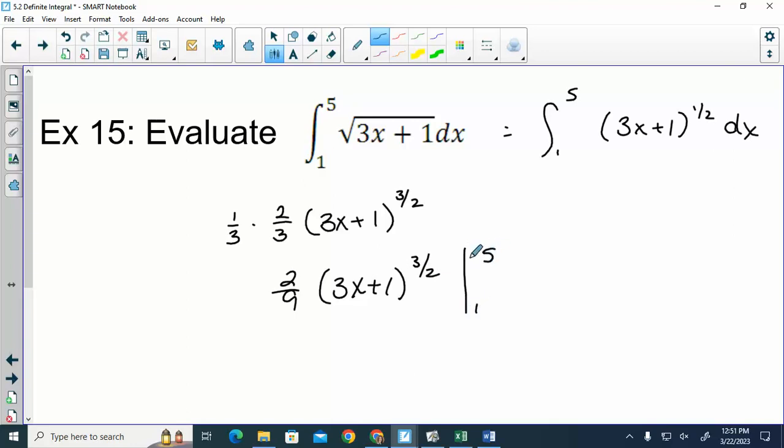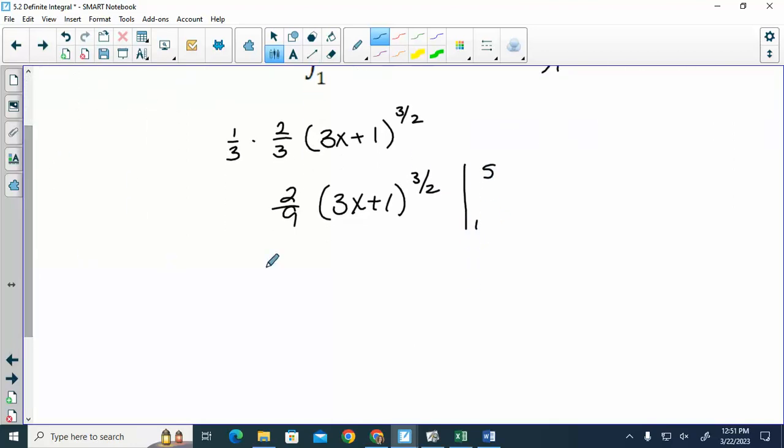From 1 to 5. Make sure you're plugging in the top number first. If you plug in the bottom first, you'll get a negative, or the opposite sign of what you're supposed to get. So if I put in 5, this 3/2, that means the square root cubed.